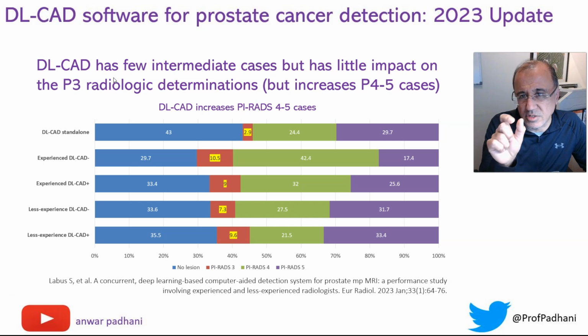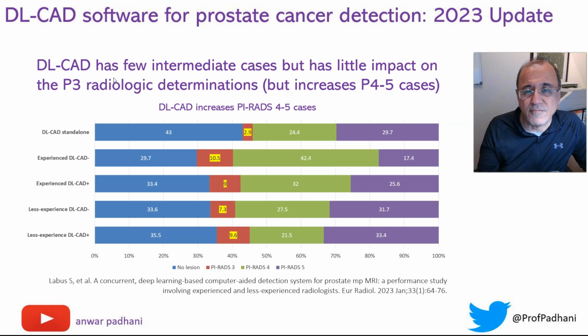In fact, you can see very few PIRADS 3 cases are called. But interestingly, it doesn't seem to alter how a radiologist would call indeterminate cases. So although the AI doesn't tend to call, radiologists still tend to call, even if they're using AI, whether they're experienced or inexperienced.